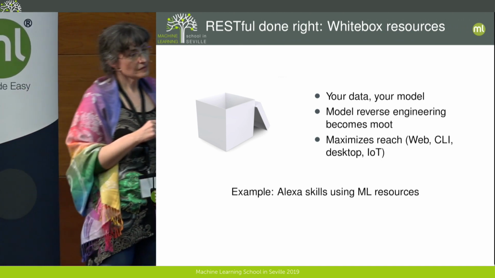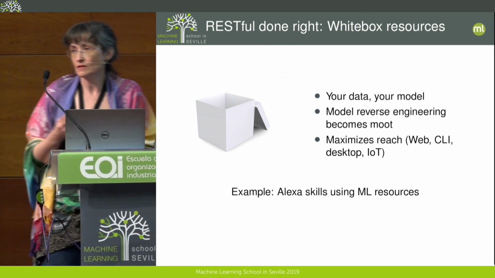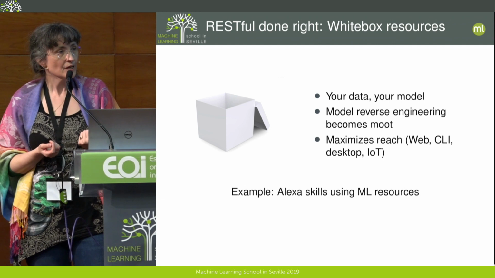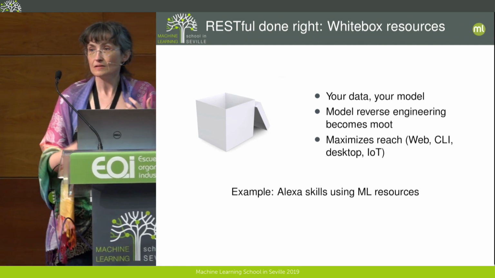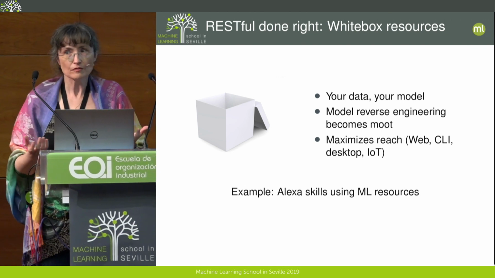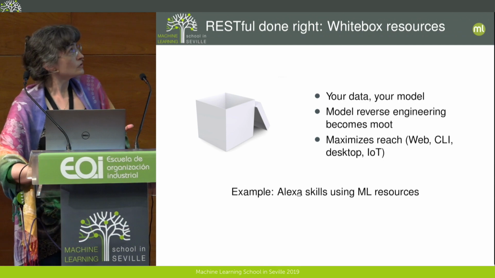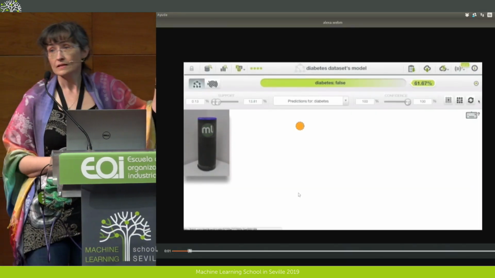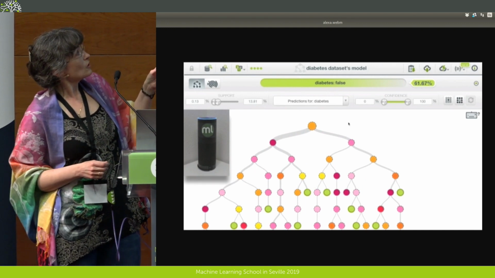So we think it's really needed to have this ownership because the data is yours and the models are yours. And also because you might need to use them in places outside of the platform. For instance, we can see how you can use that in Alexa, in Amazon Echo. You just build a model.